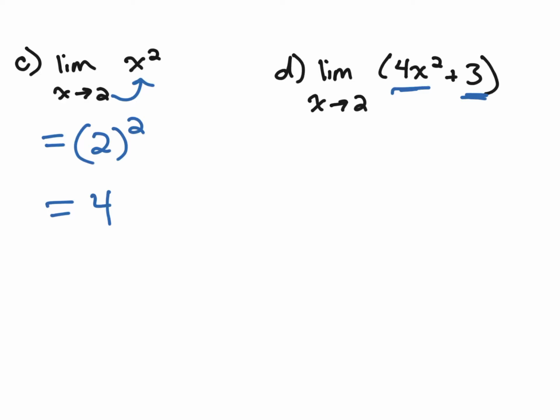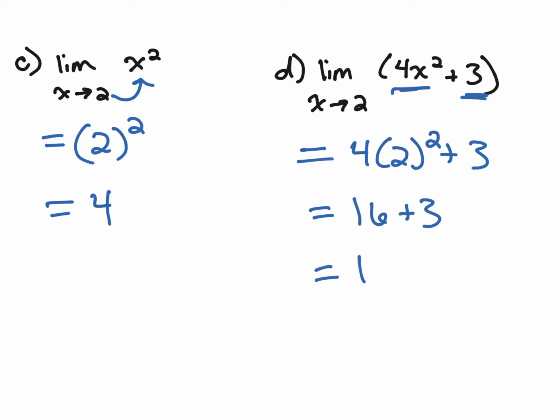Doesn't that seem obvious? I don't need to teach you that and make you write it down for you to be able to do it. It's direct substitution. We plug in a 2, and we get 4 times 2 squared plus 3 is 16 plus 3 is 19.